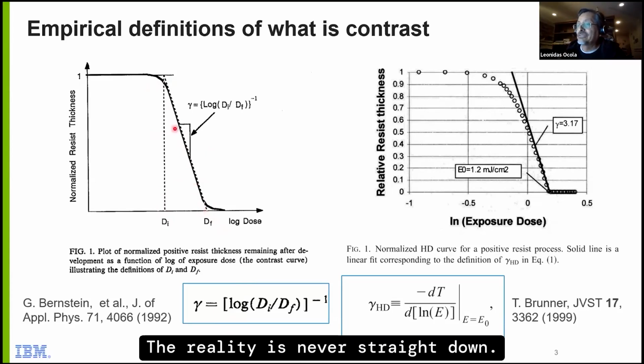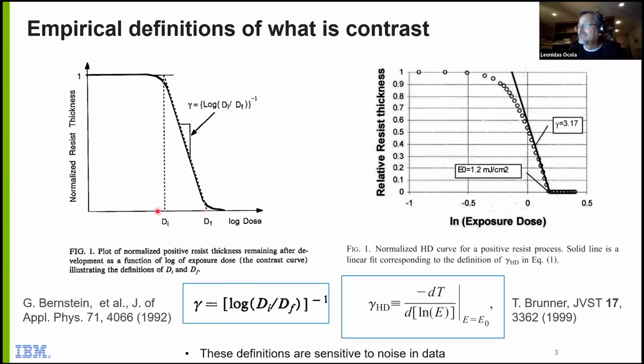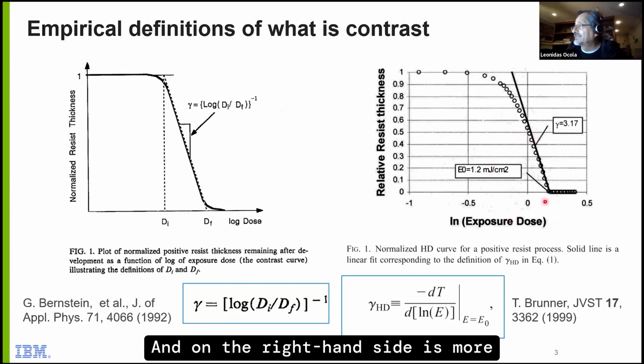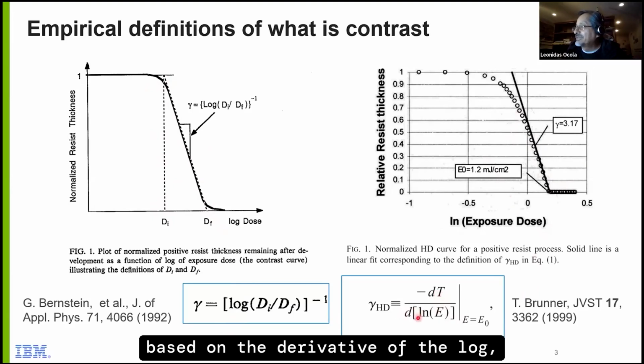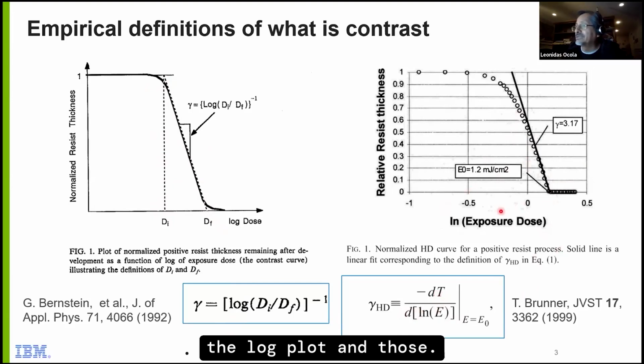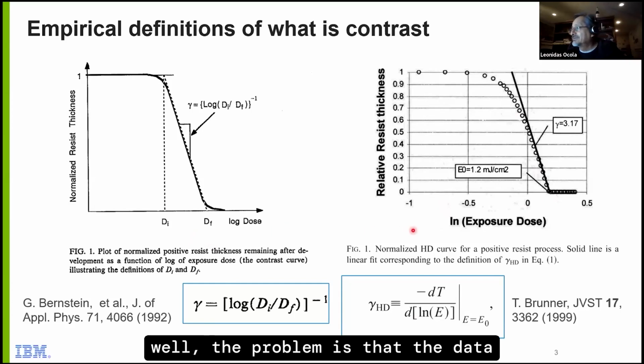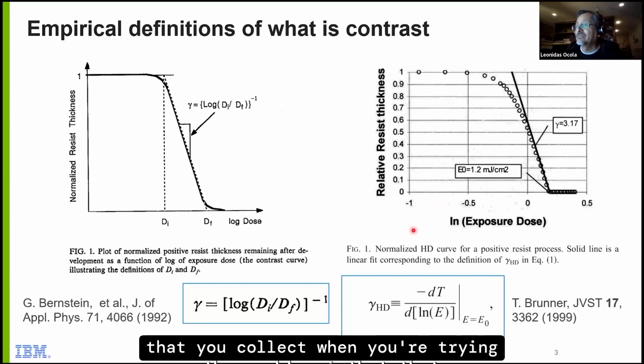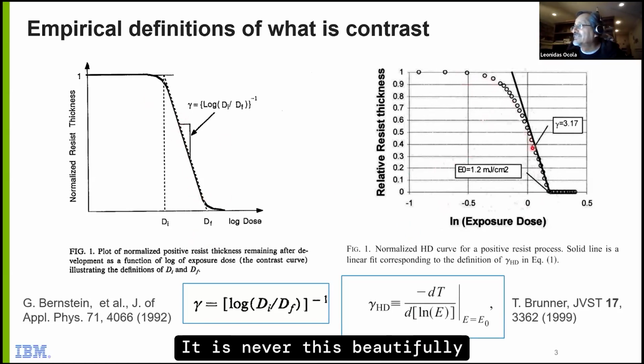In reality, it's never straight down. On the right-hand side is more or less the same thing, but they're looking at a definition based on the derivative of the log. This is the log plot in dose. The problem is that the data you collect when you're trying to collect these thickness changes is never so clean. It is never this beautifully placed.